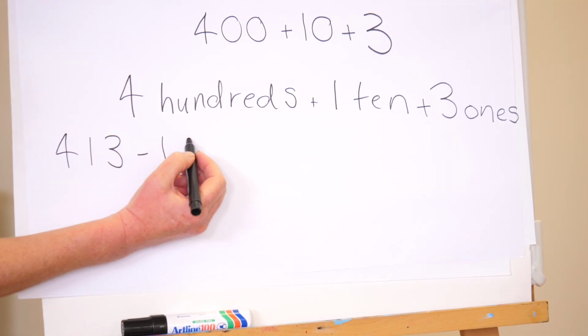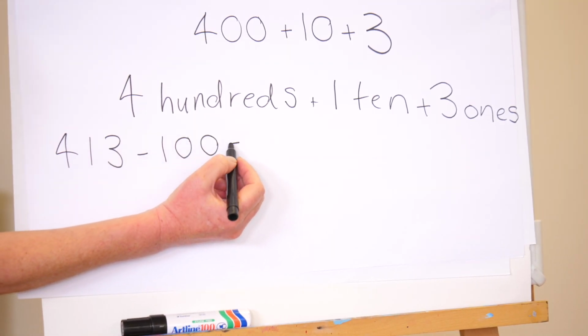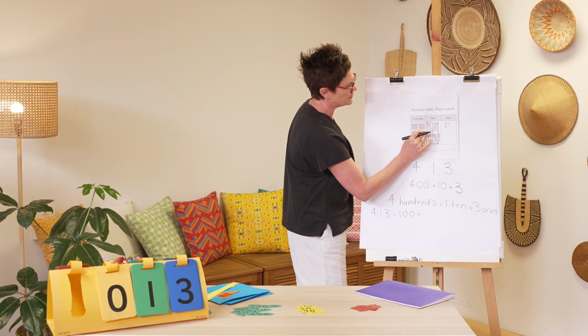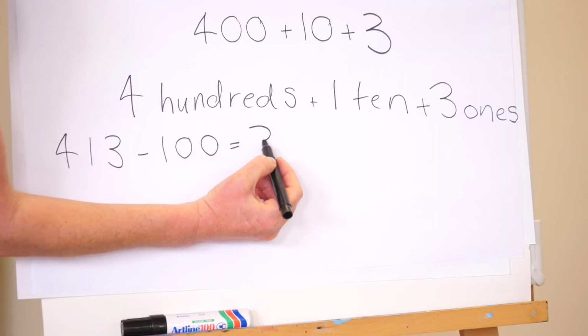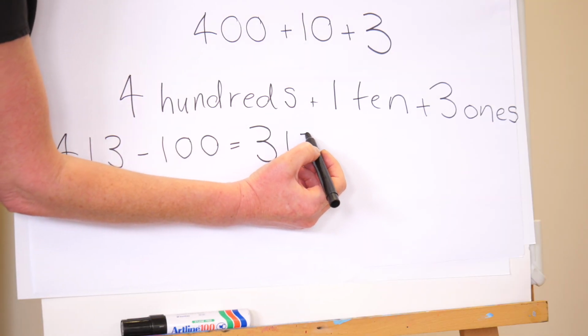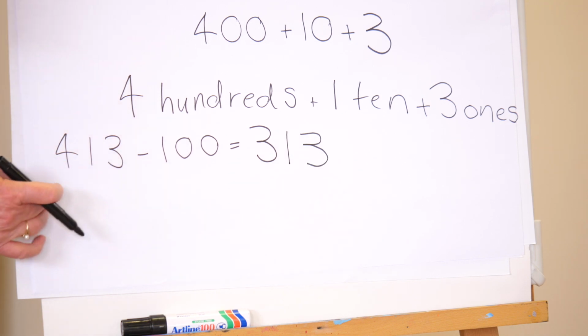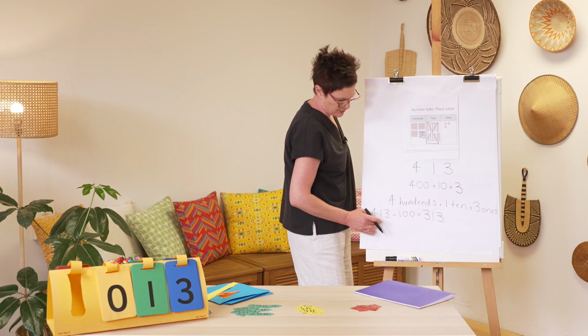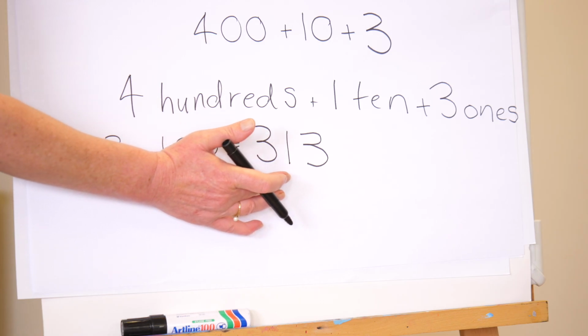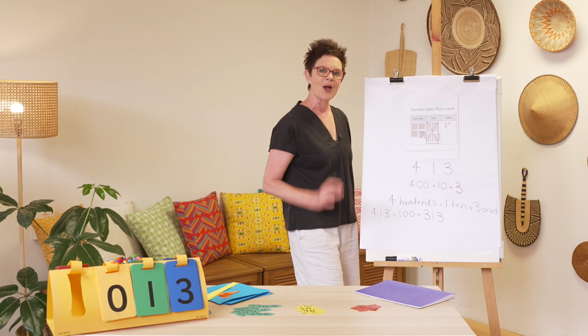I'm going to take away 100. So I have 1, 2, 3 in my hundreds column. I have 1 in my tens and 3 in my ones. 413 take away 100 will give me 313.